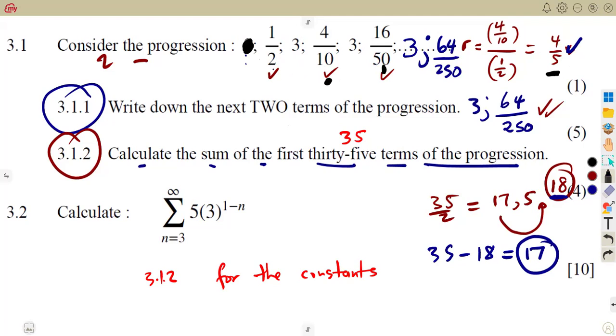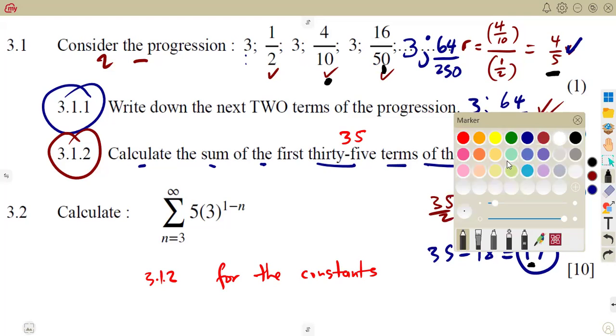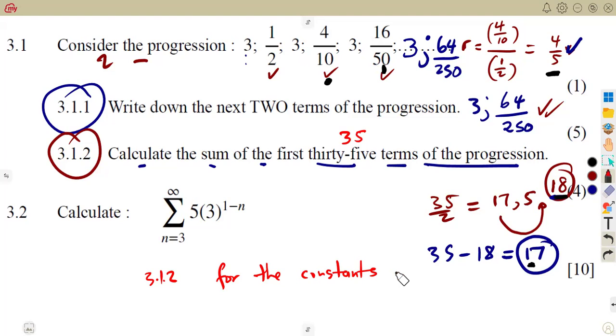The first one is the one that carries the bigger value. The one that follows carries a smaller value because these numbers are not evenly distributed. So for constants, the number of terms is 18.